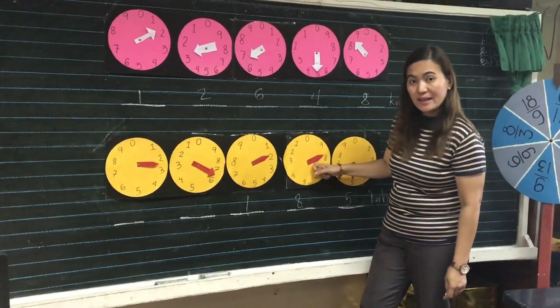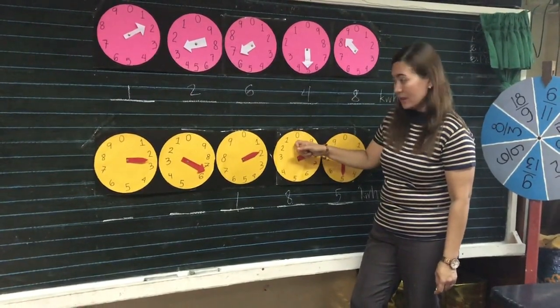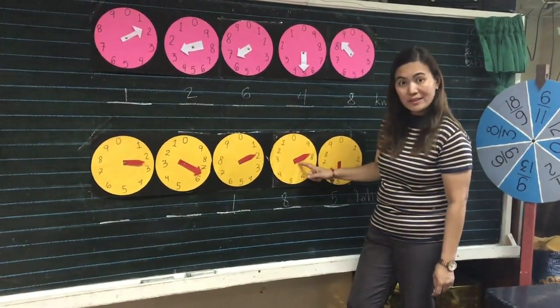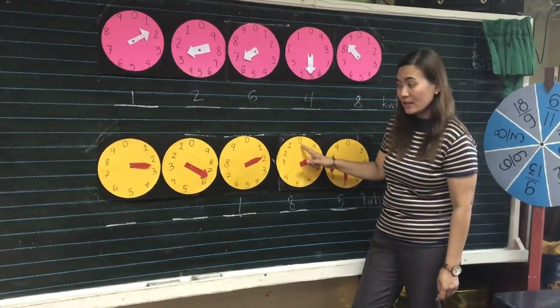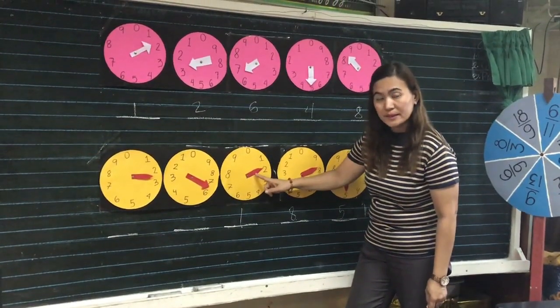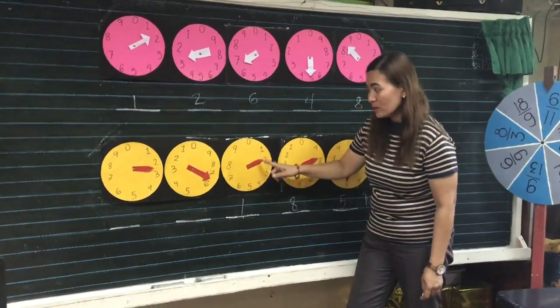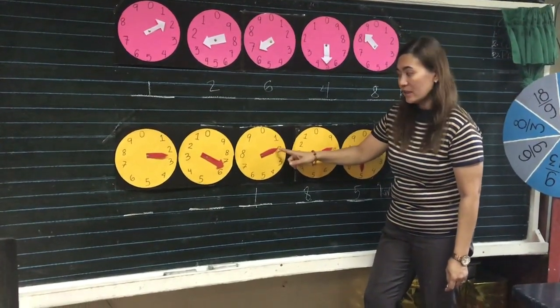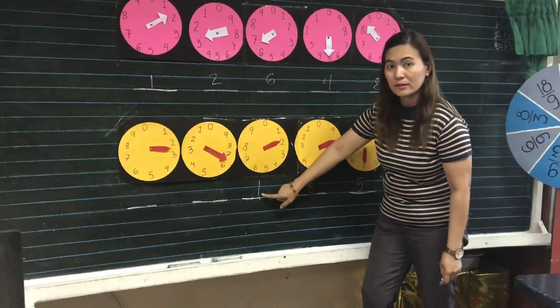If the dial has not passed 0 yet, as in this case, the smaller number is recorded. So the smaller number is 1. So the record is 1.